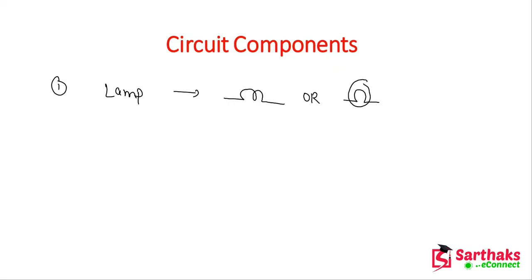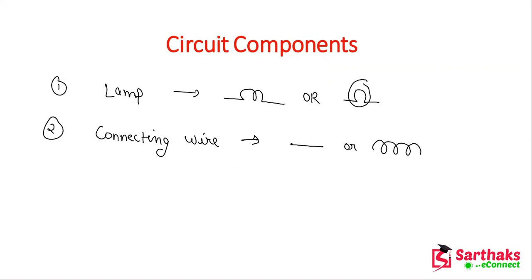The next is the connecting wire that connects the whole circuit, and it can be denoted by a straight line, or it can be denoted like this also.